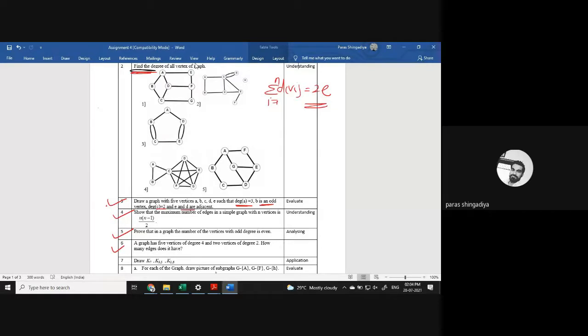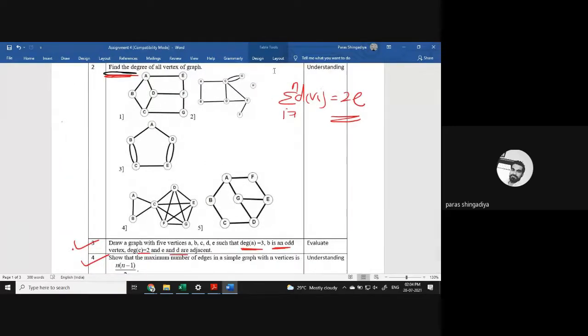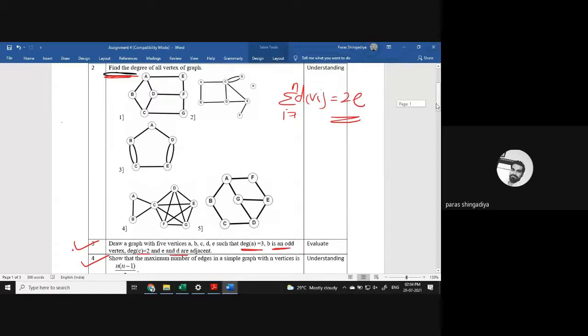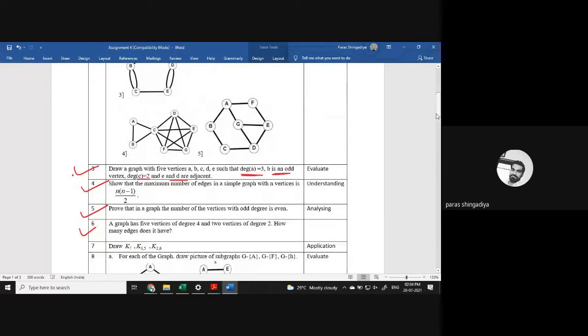All of you write the data of question number 6. Question 6 is not done, so let's start with it.